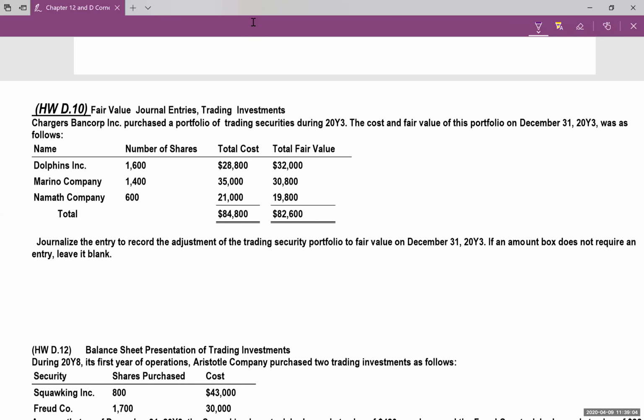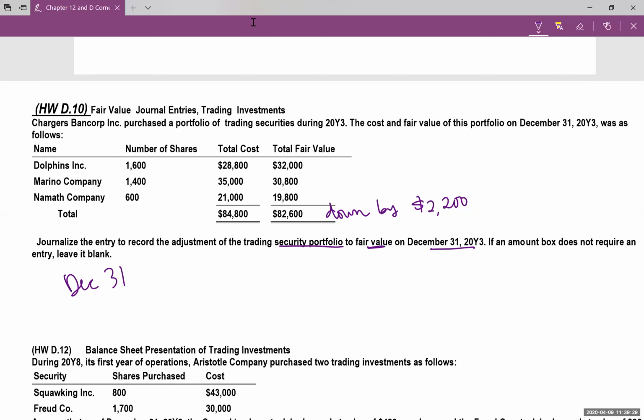So this is at the end of the year. If you look overall, it's down by $2,200. Okay. So journalize the entry to record the adjustment for the trading security portfolio to fair value on December 31st. This one goes kind of quick.